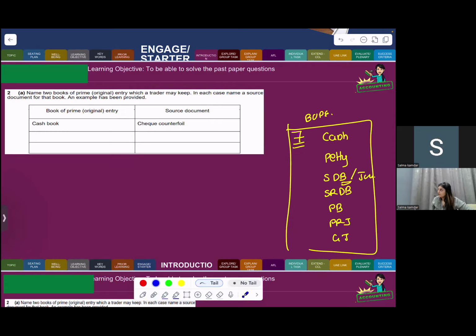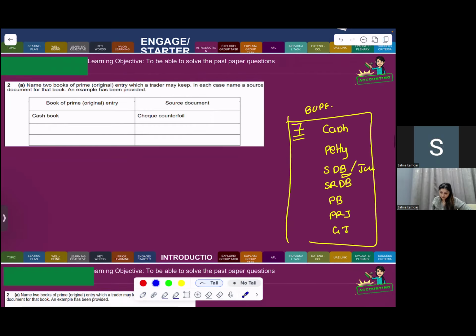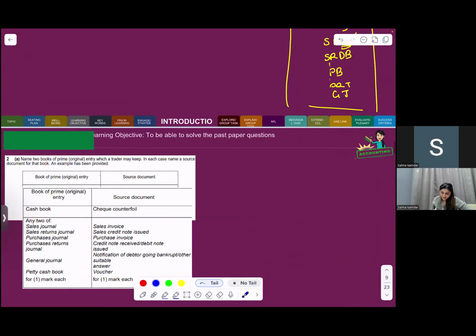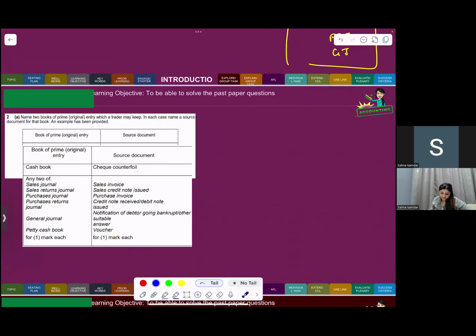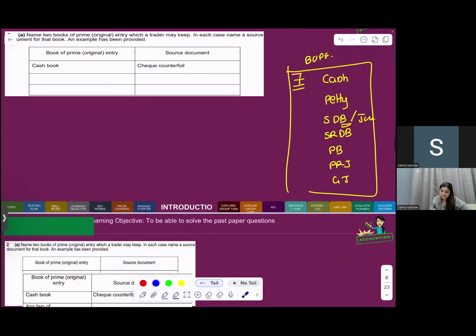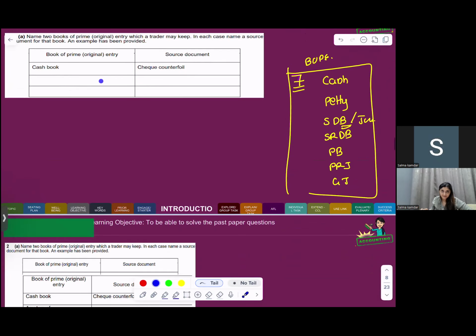So now they are telling that if I have these 7 books of prime entry, what could be the source document? For cash book, a check counterfoil, receipts could be a source document. Okay? So check counterfoil is the source document, books of prime entry is the cash book. So they want you to give any 2 books of prime entry where you can write the source document.